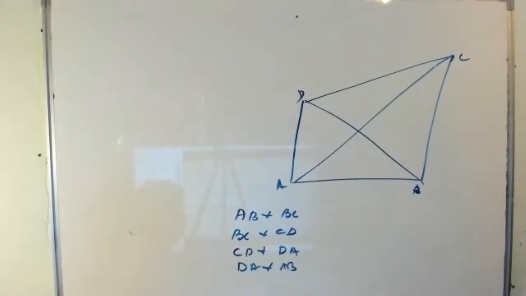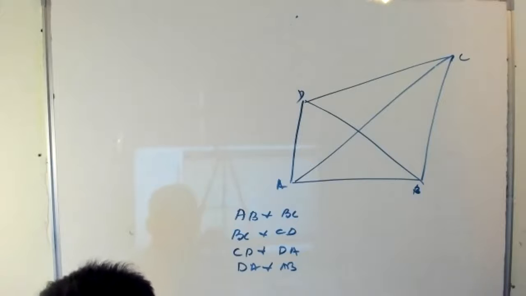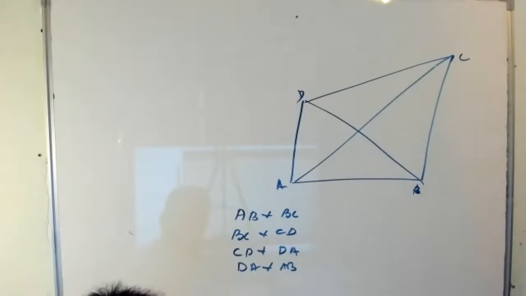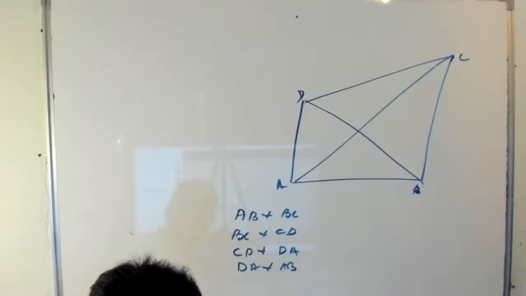Then write opposite sides. Two sides of a quadrilateral are opposite sides if they have no common endpoints.